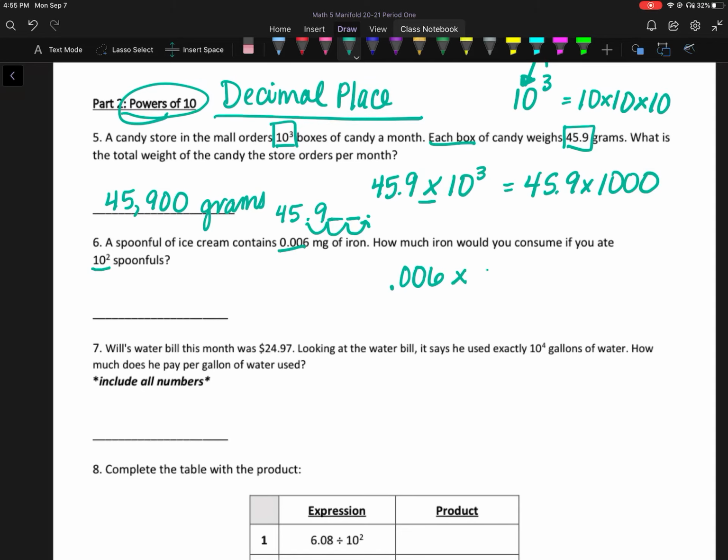We want to know what it would be for 10 to the second power, or 100. Goodness gracious. So I'm going to move my decimal 1, 2 to the right. So we would consume 6/10 milligrams of iron.